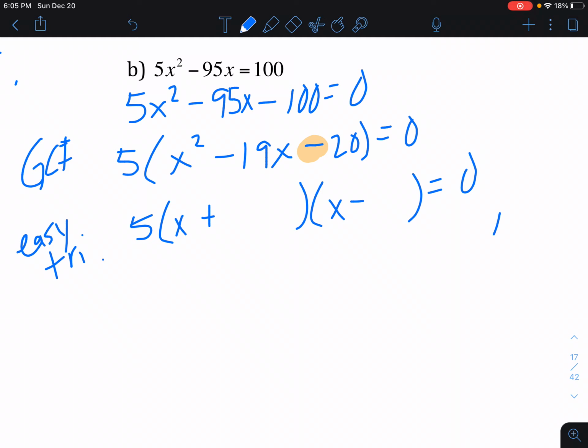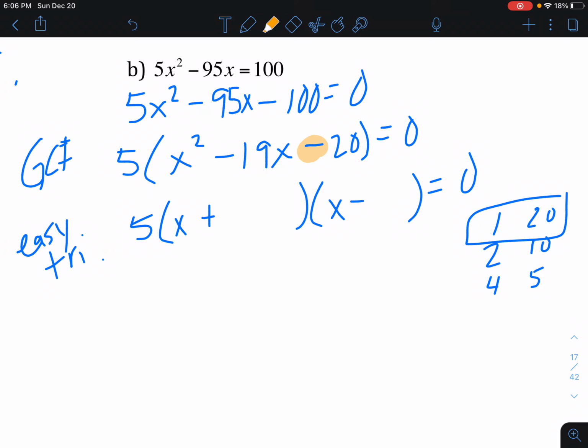Your C term. 1 and 20, 2 and 10, 4 and 5. And remember, the rule is when the C is a minus, we need two numbers that subtract to get negative 19. So it would be this pair. But which gets the plus, which gets the minus in the parentheses?